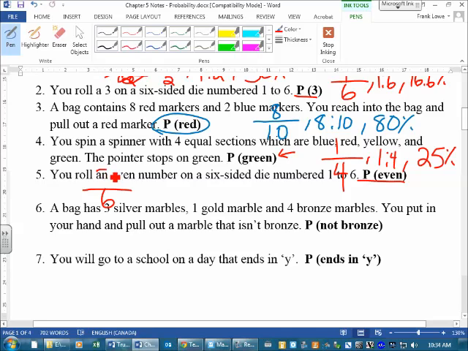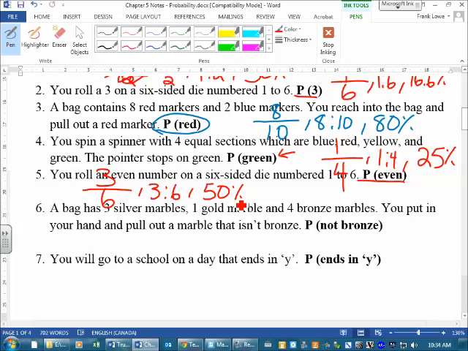So 3 of the numbers out of the 6 are even. So that is your probability. As a ratio, 3 to 6, and 3 over 6. You can use your calculator. Hopefully you're not, because 3 out of 6 is 50%, right? Okay, good.